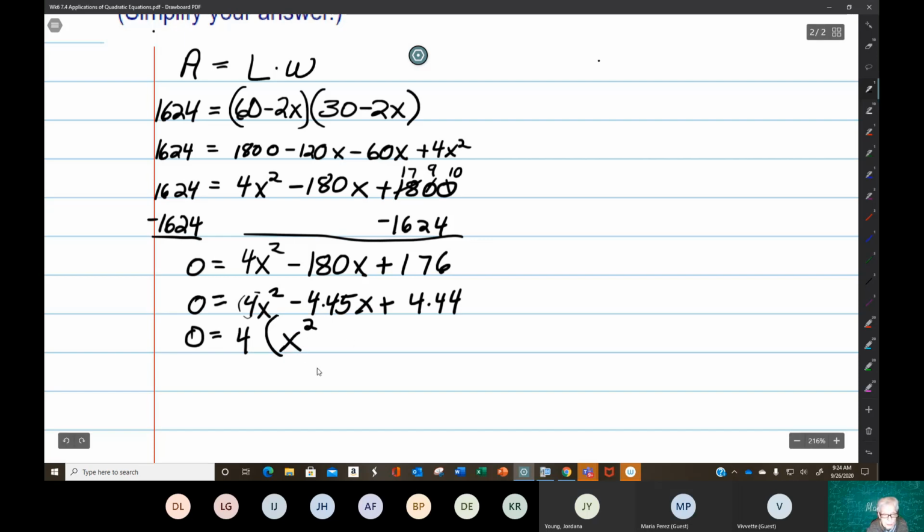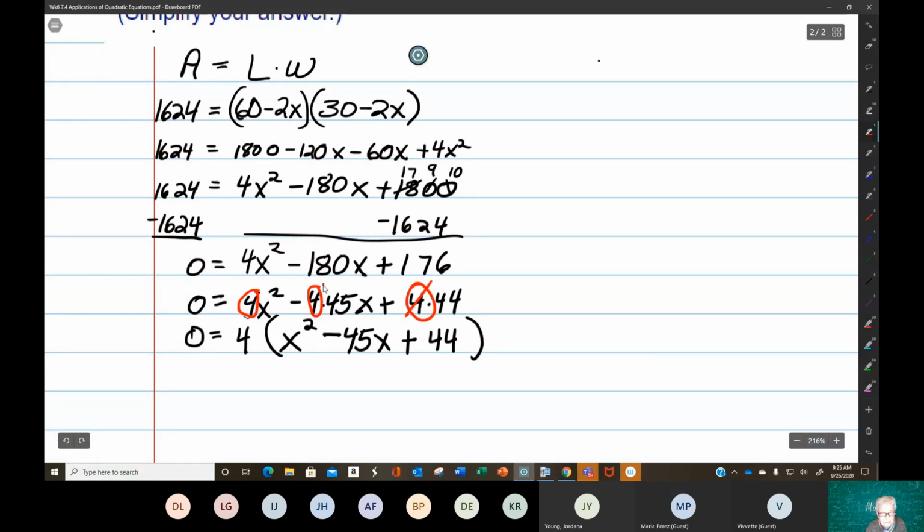So 4x squared, here's our GCF, minus 45x plus 44. What I usually do with GCFs is I circle them in red.